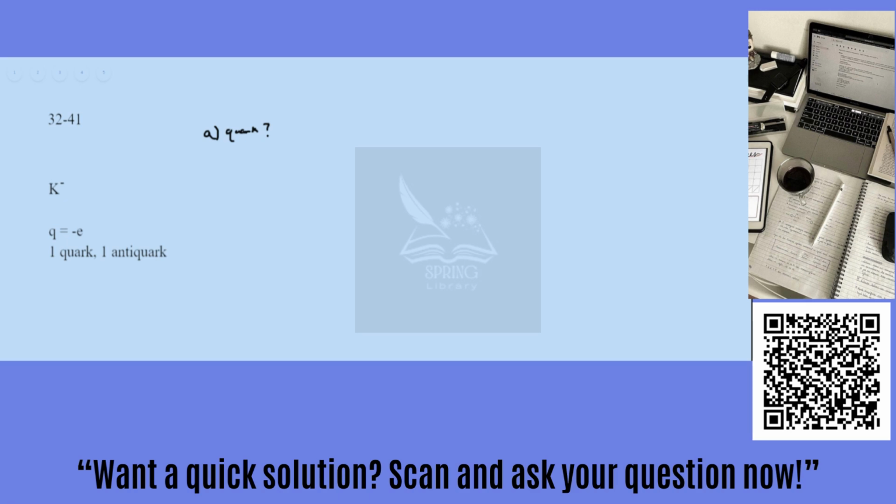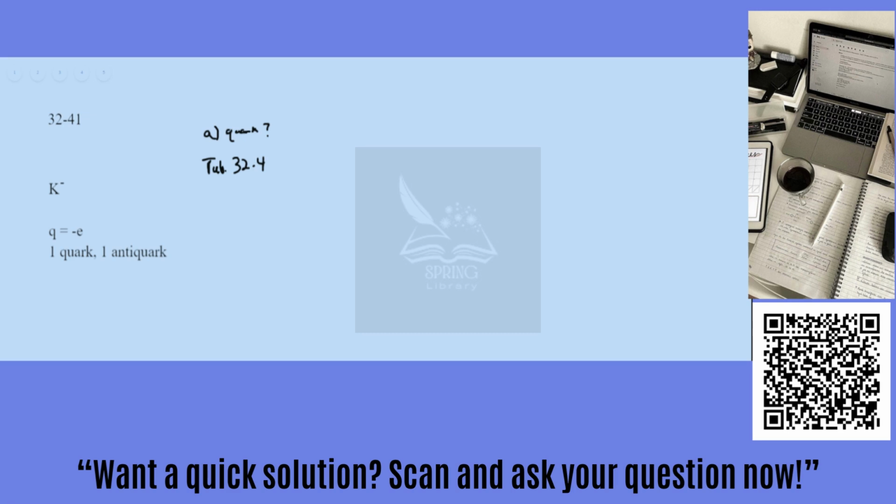One thing we can do is look in our textbook. We see from table 32.4 the charge of the quarks and antiquarks, if you don't remember already.